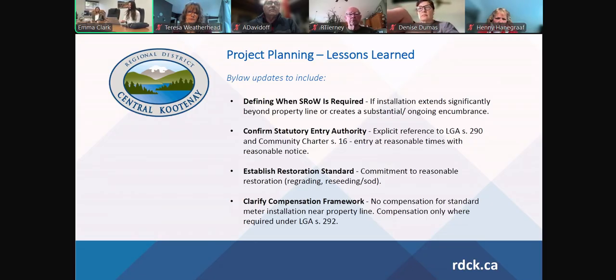The Local Government Act and Community Charter sections provide us entry to the private property. Of course, we had to establish a restoration standard moving forward, and then clarify the compensation framework for phase two. Next slide, please.